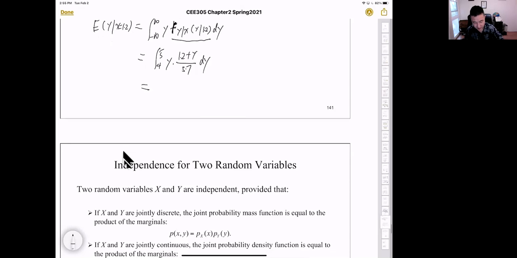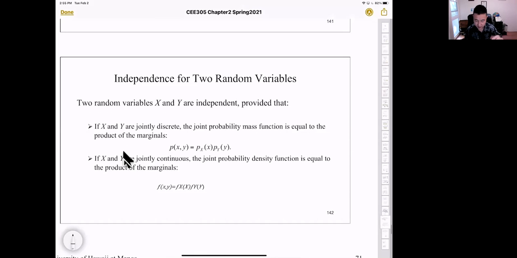And the next slide is talking about independence for two random variables. If x, y are independent random variables, and for joint discrete variables, then p x y equals p x x times p y y.